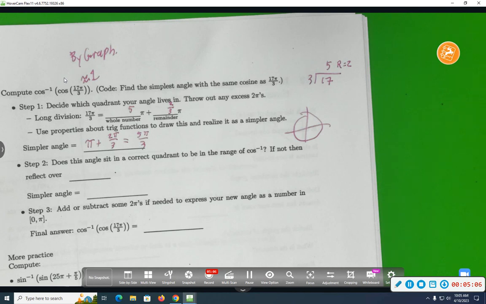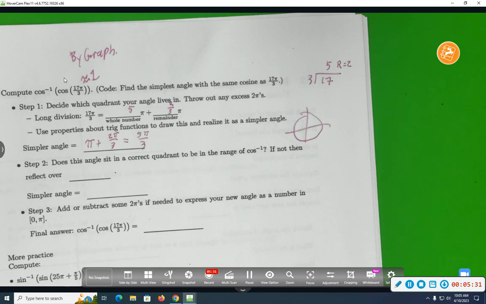All right, an angle of 5 pi over 3. What quadrant does 5 pi over 3 live in? Let's get a show of hands. Quadrant 1? Quadrant 2? Quadrant 3?